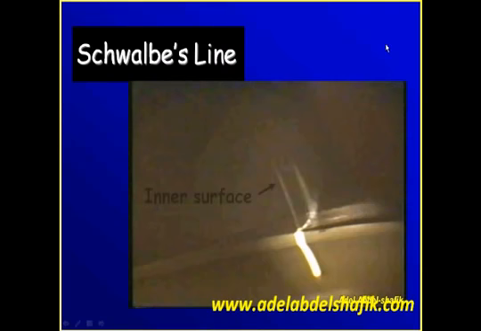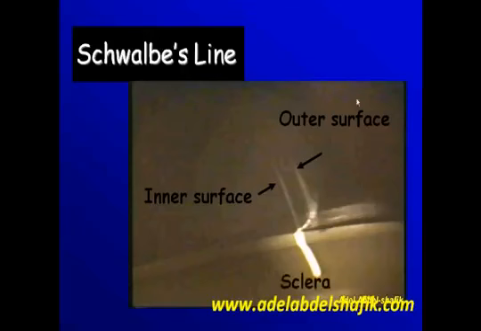So, this is the inner surface of the cornea, outer surface of the cornea, and in between we get the stroma, and behind here the sclera. You see this convex line, if you go from the outer, convex in, this location.